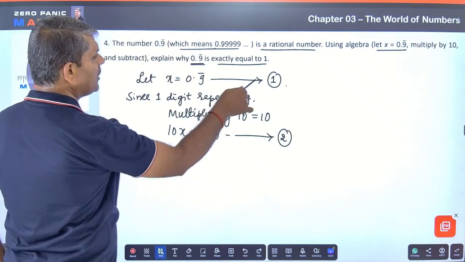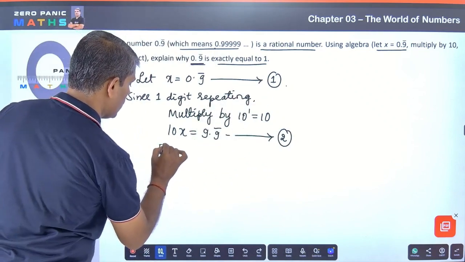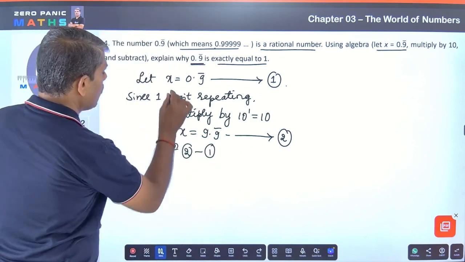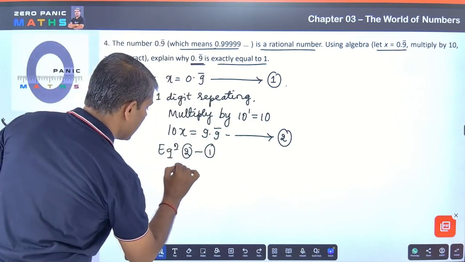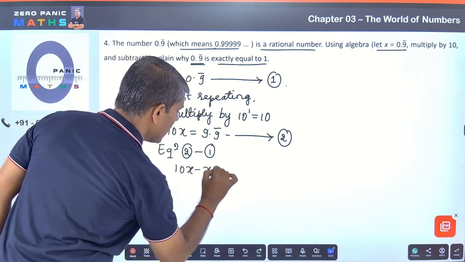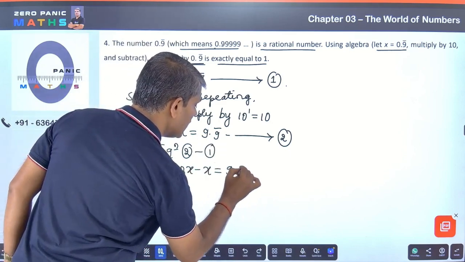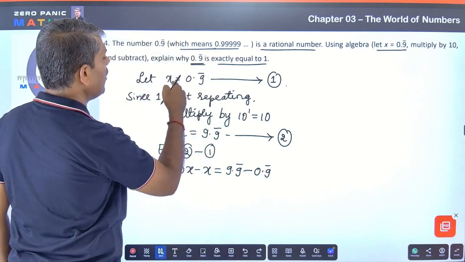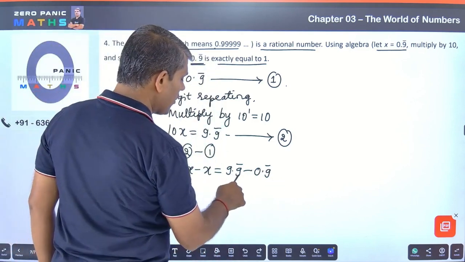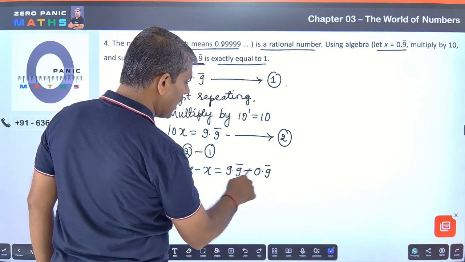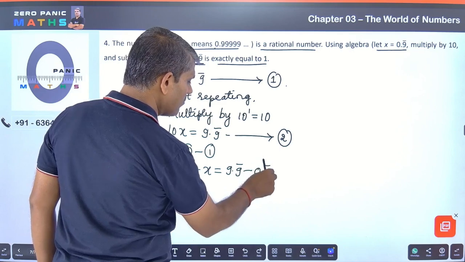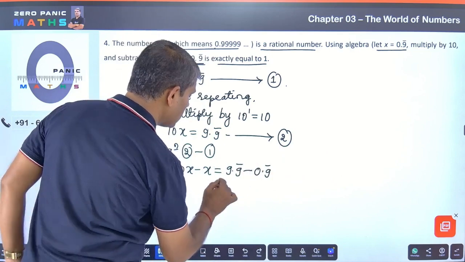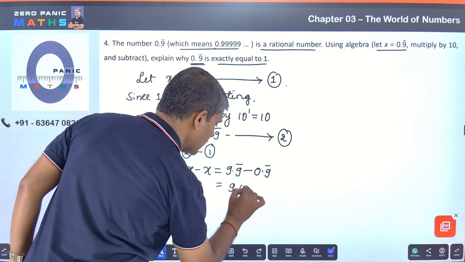Now subtract equation 1 from equation 2. So 10x minus x is equal to 9.9 bar minus 0.9 bar. As I already told, the 9 bars after the decimal point cancel from both values, and I am left with 9 only on the right hand side.